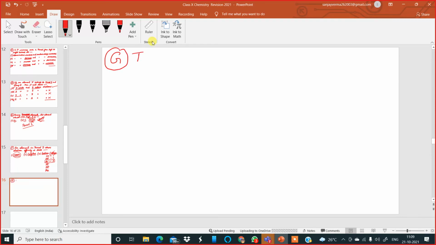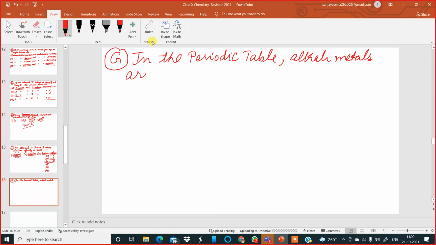The question is like this. In the periodic table, alkali metals are placed in the group dash here.